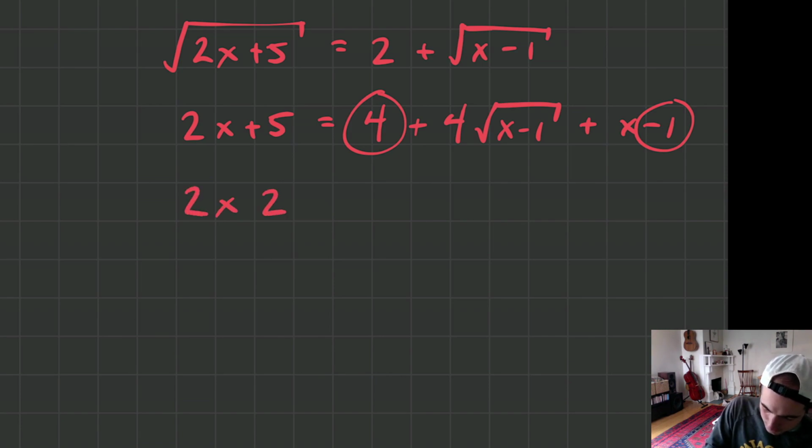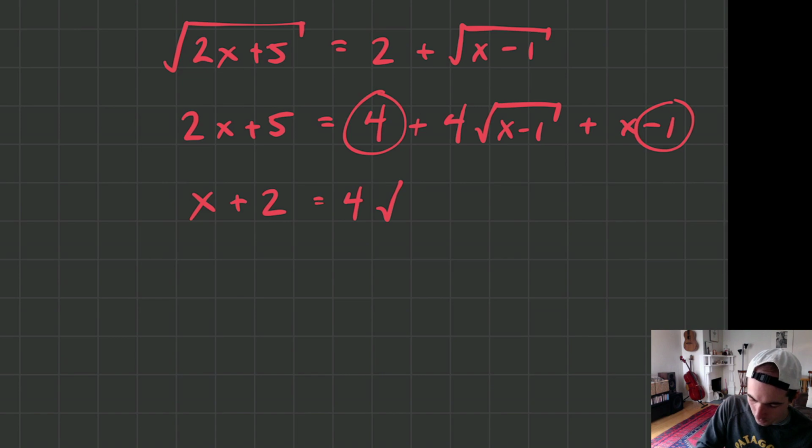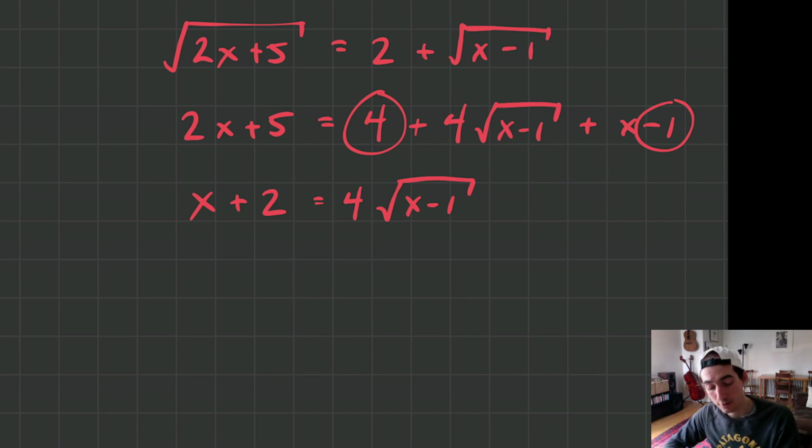I should actually worry about the x's now, so I'm going to bring the x to the other side as well. I've got 2x minus x, which is just positive x. So I've got x plus 2 on this side, and this is equal to 4 times root x minus 1.